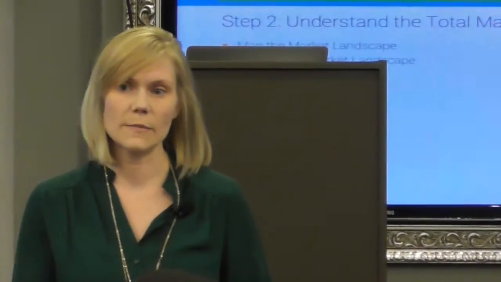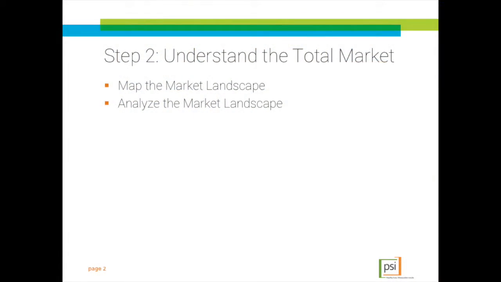So there are 2 steps in understanding the total market. This morning, I will talk about the first step, both in terms of theory or concepts behind that. It may seem obvious, but we've outlined an approach to really operationalize effectively how to map the market and some process considerations.